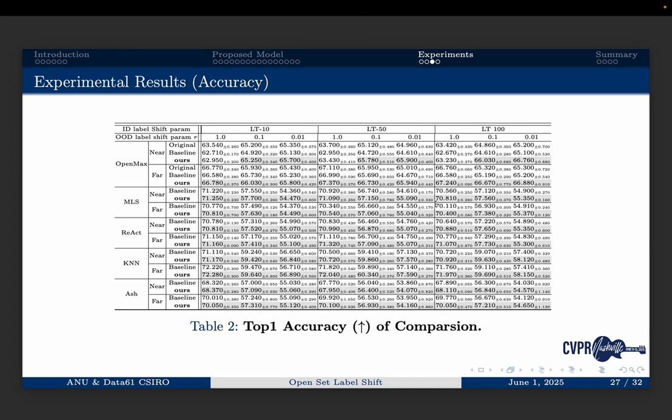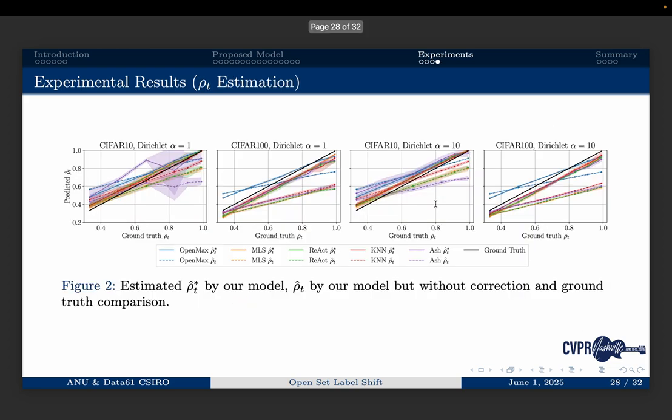In terms of accuracy, our model also outperforms the baselines and OpenMax as an open set classification model. As shown in this figure, our rho correction model can gain a better estimate of the target domain rho compared with the model that doesn't use this rho correction approach.